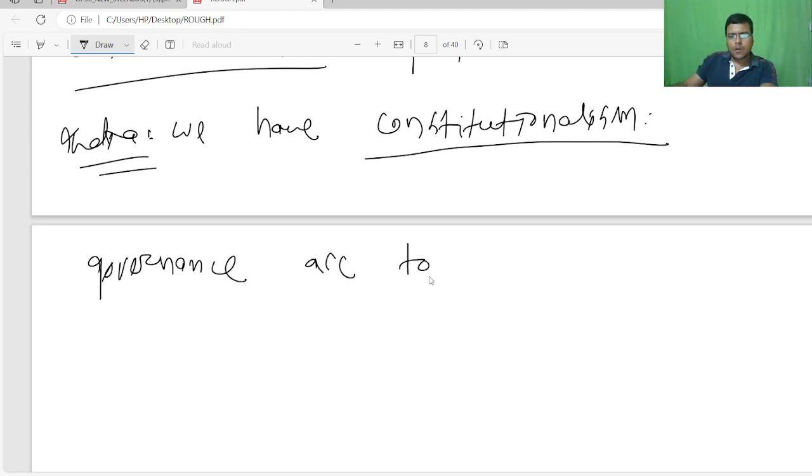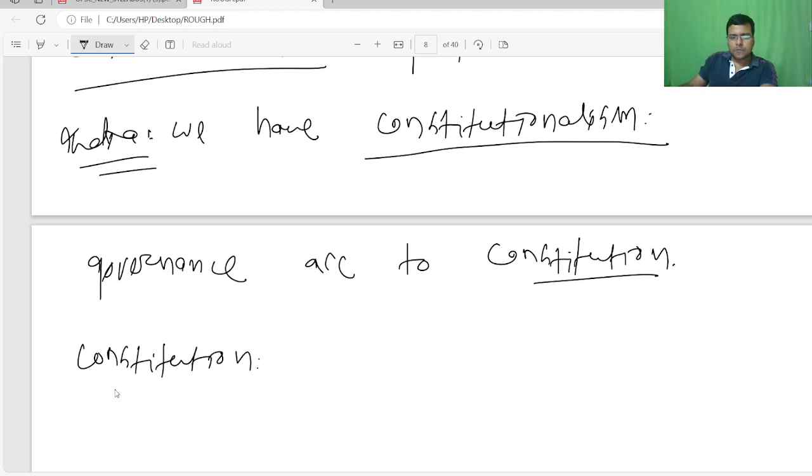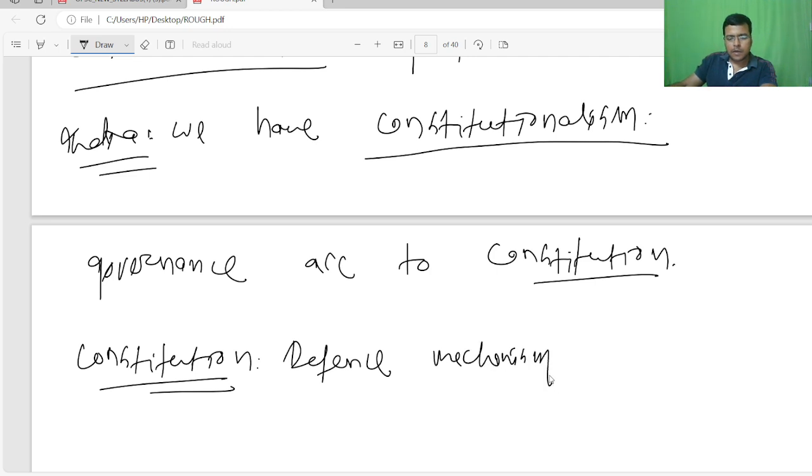Governance according to the constitution. So what is the benefit of it? If we say constitutionalism is constitution, what is it? It is a defense mechanism above state power.